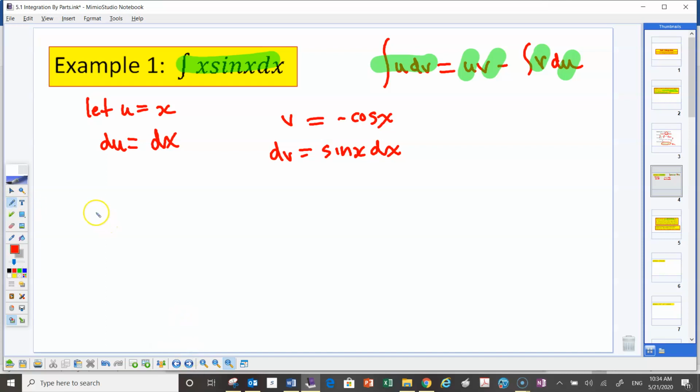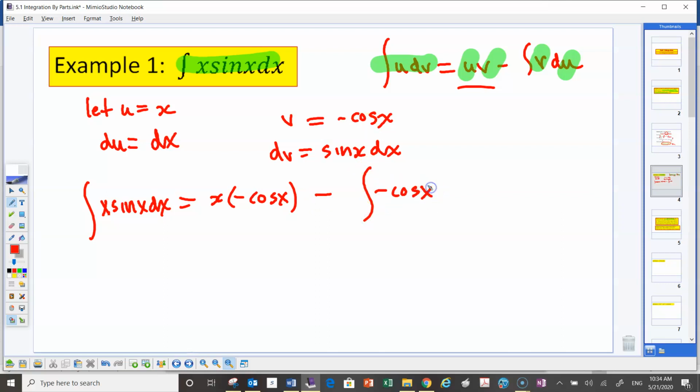So I have the integral of x sine x dx, which is my original question, is equal to u times v, so it's going to be x times negative cos x, minus the integral of v, which is negative cos x, and in place of du, I'm putting dx.